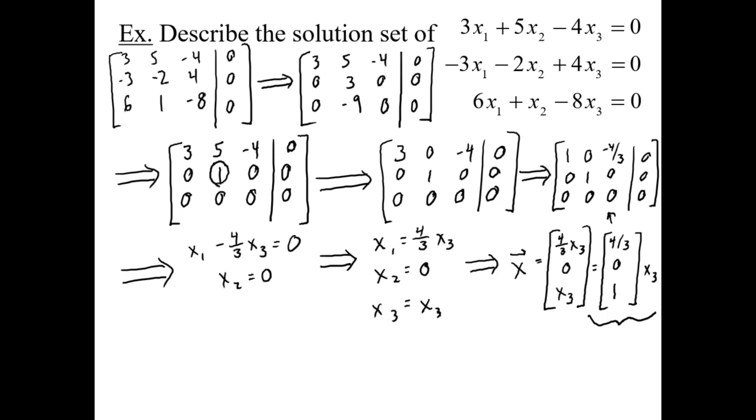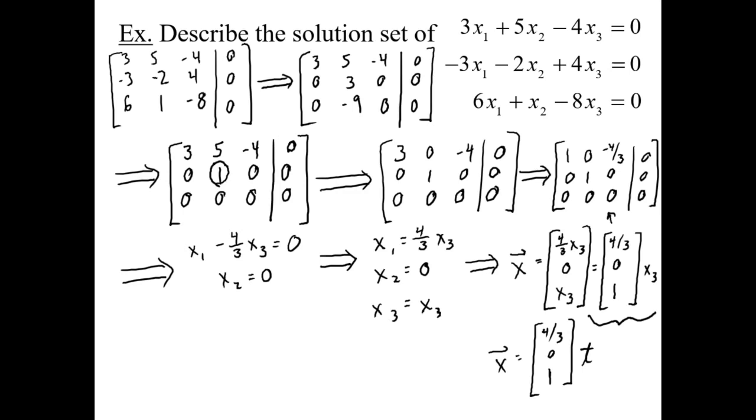But the point is, every one of my solutions is in that form, where it's 4 thirds, 0, 1 times some other variable. In fact, if we wanted to, and again, we're going to do this in just a minute, we could rewrite this as 4 thirds, 0, 1 times t, where just like in the previous line, x3 can be anything. T also could be anything.